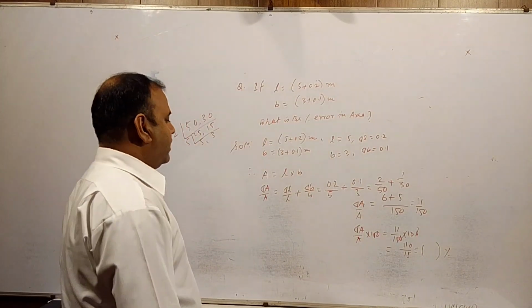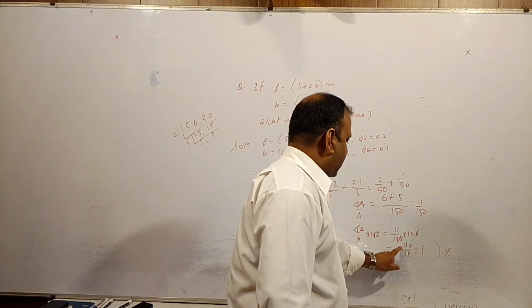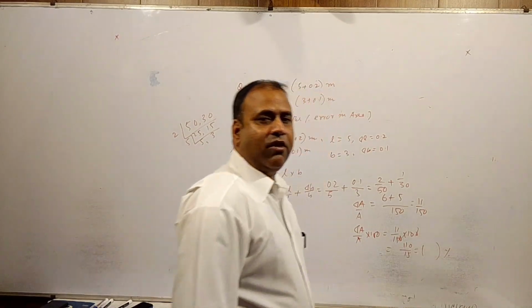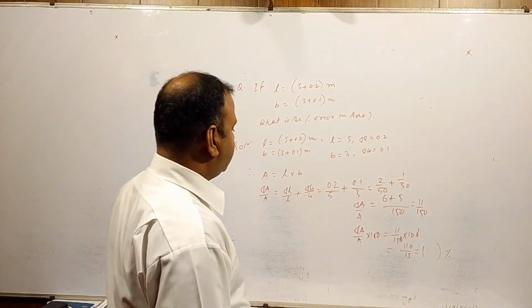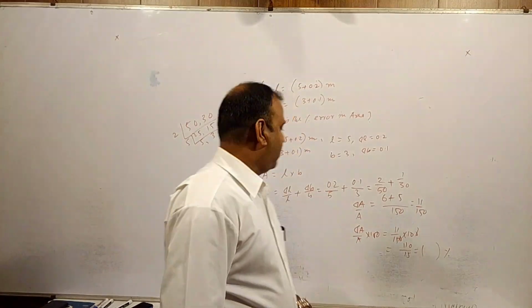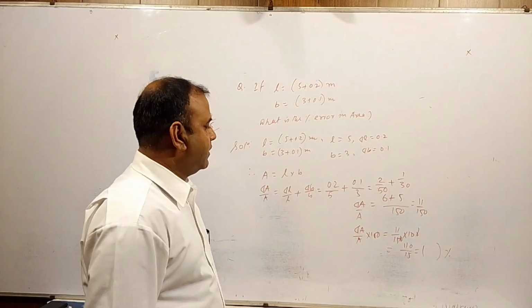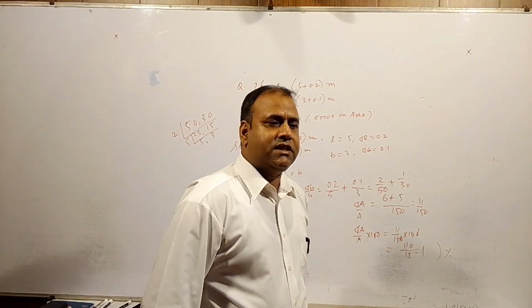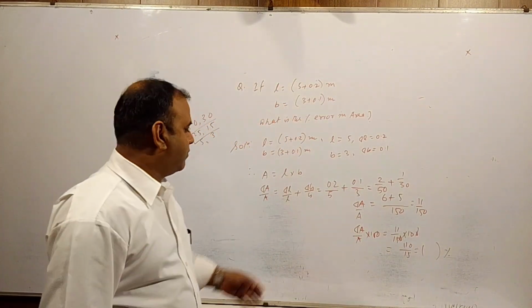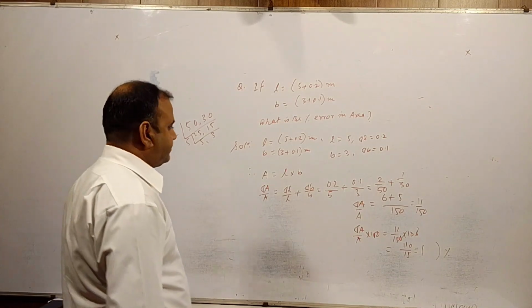When you divide this, what is the result? You can easily calculate this result. That means this is the percentage error of the given question. In this way you can easily calculate the value of percentage of error from the given data.